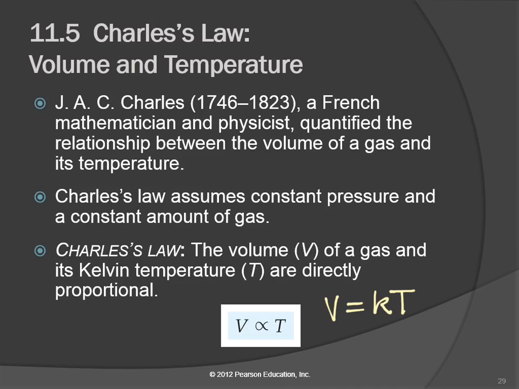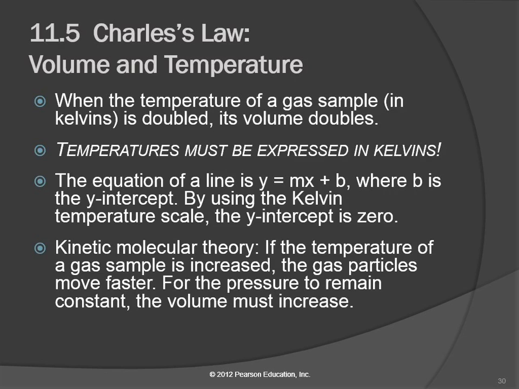That would have, for that line, an intercept of 0. If we're doing Celsius, this is not going to be 0, and it's not going to work out very well. So very important that it be the Kelvin temperature. When the temperature doubles in kelvins, the volume doubles.